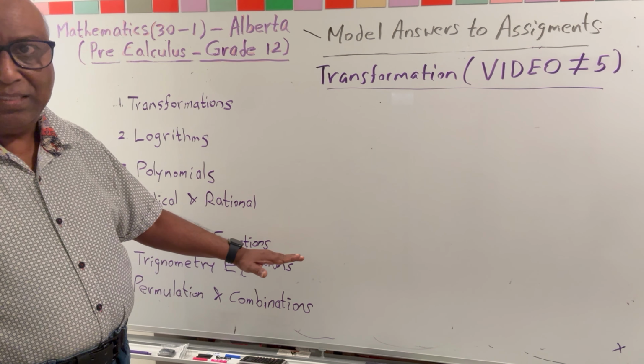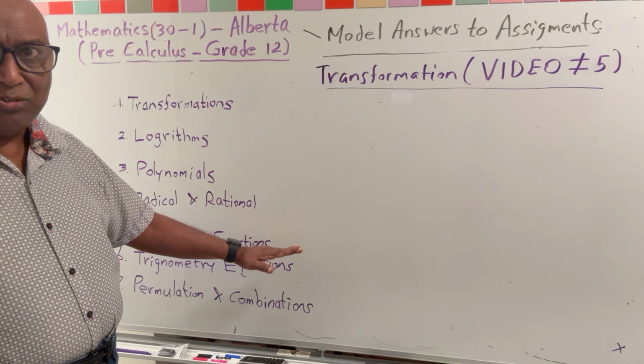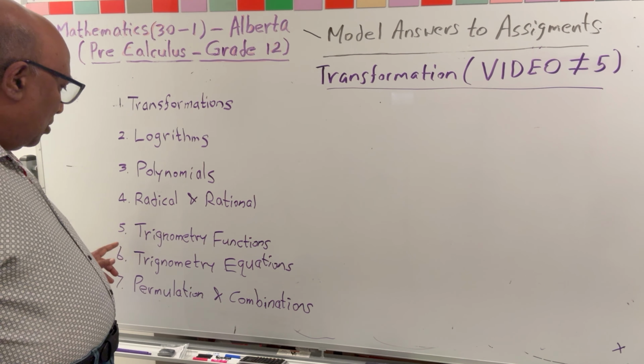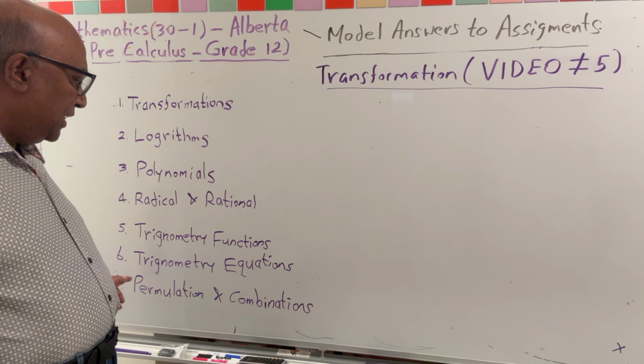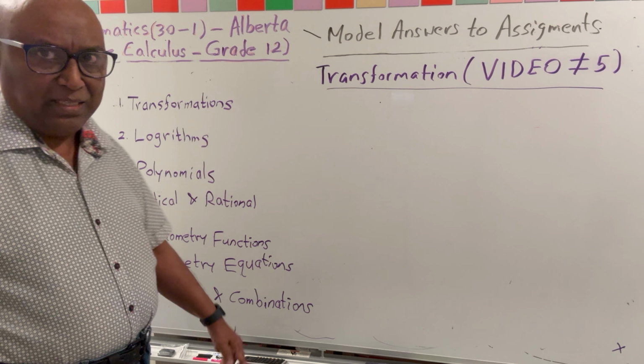Usually this section is done in 4 sections, but for our convenience, I have summarized this into 2 sections: trigonometry function, trigonometry equation. Then the last section is permutation and combinations.